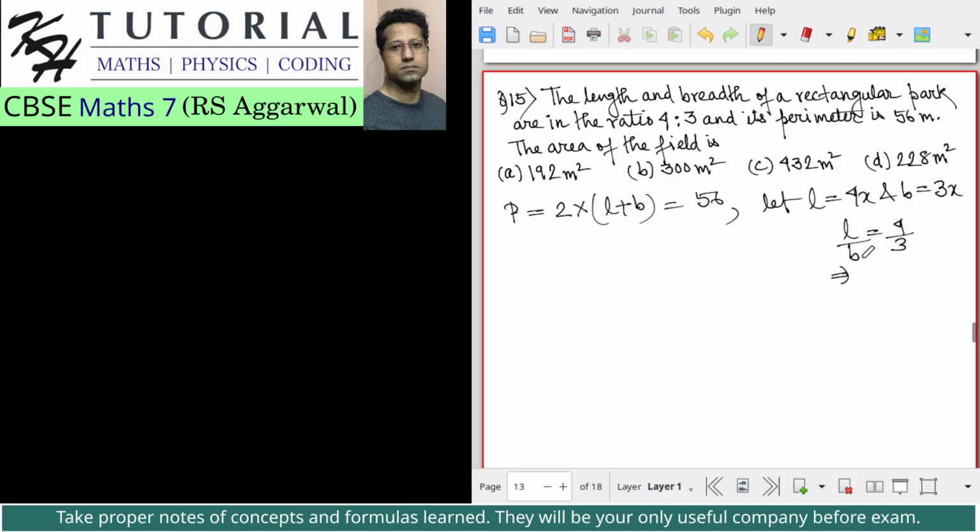From here, doing cross multiplication, we will have L is equal to, let's not use this method. I think a better choice is using the concept of ratio and proportion.